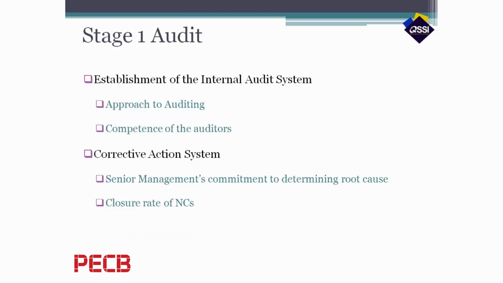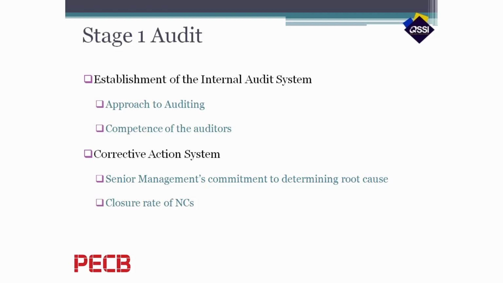They would look at the competence of your auditors as well when they review your internal audit system, and what type of approach you used in auditing. They would also look at your corrective action system, and whether you have closed out any non-conformities from that internal audit system. I've often told persons that one of the areas through which the certification body enters a typical food safety management system is the internal audit system. It's one of the first sets of records they review, because they want to see the robustness of your internal audit system.